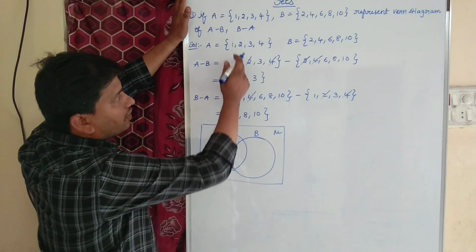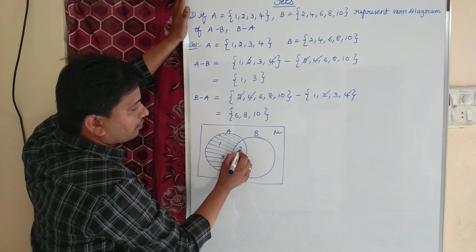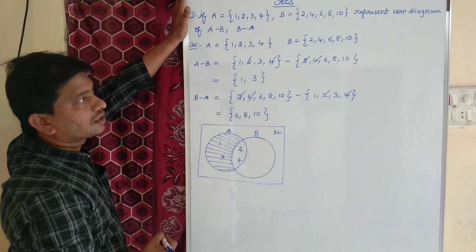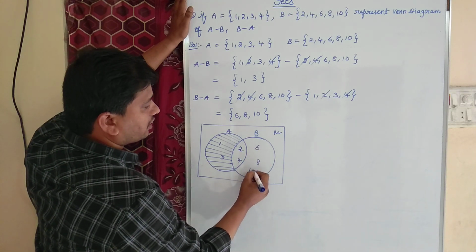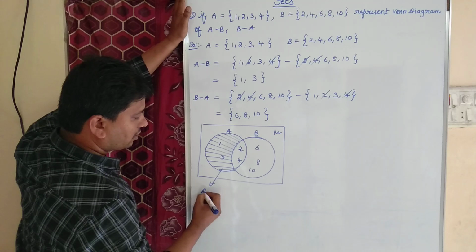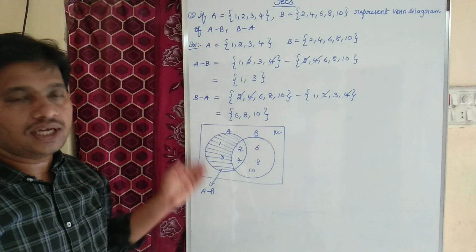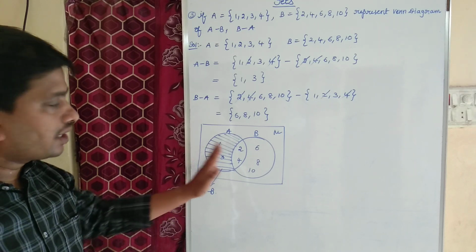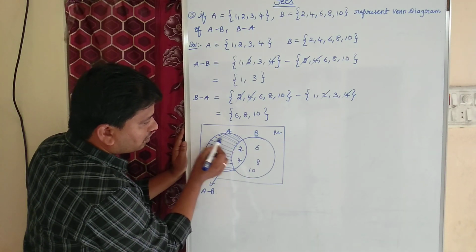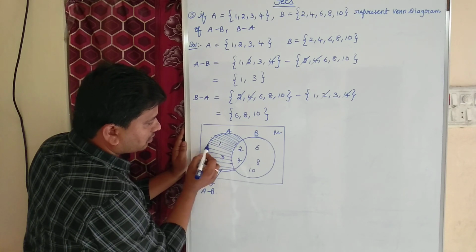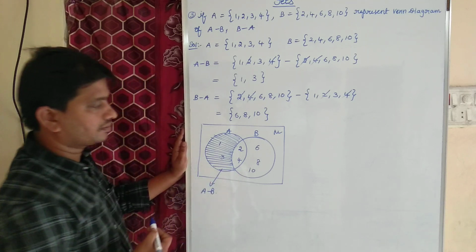Also we have in set A 1, 2, 3, 4. Already 1, 3 are over, remaining are 2, 4. B equal to 2, 4, 6, 8, 10. So this is our A minus B. A minus B means only elements in A but not in B. So only this part, children. This is our A minus B.